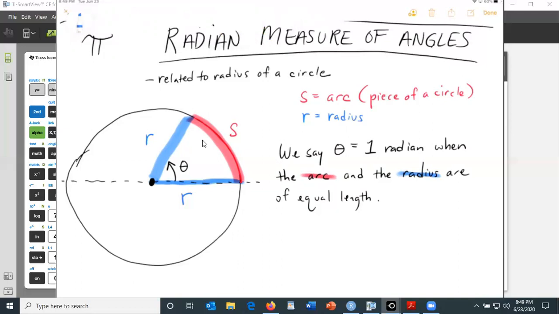Okay, so that is the basic definition of radian measurement, but specifically it's 1 radian. So when you make the angle big enough so that the radius and that arc are of equal length, we say we have 1 radian.